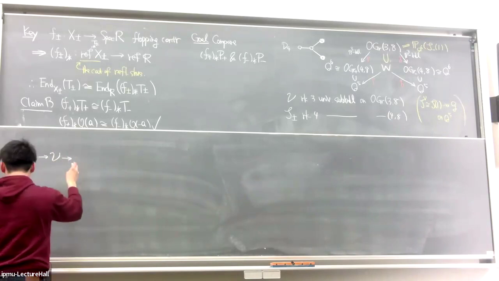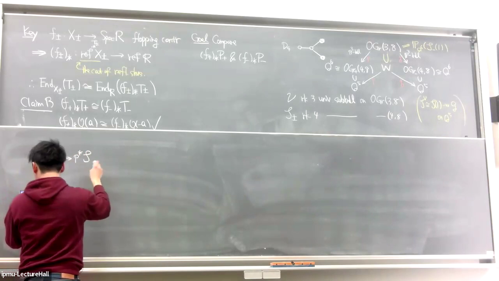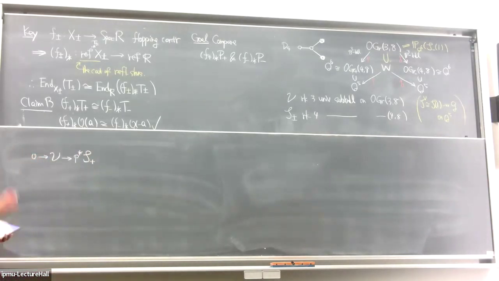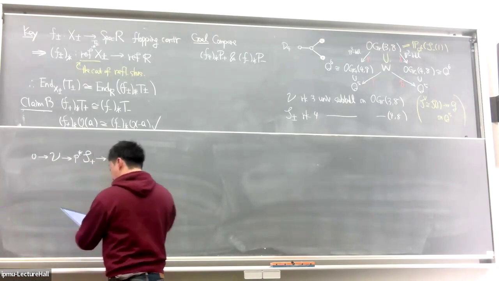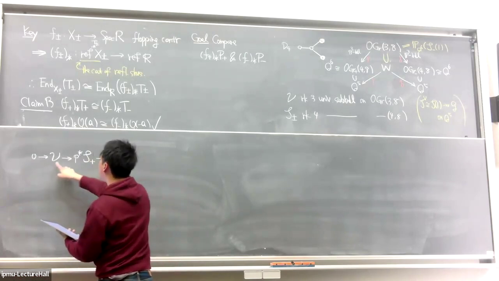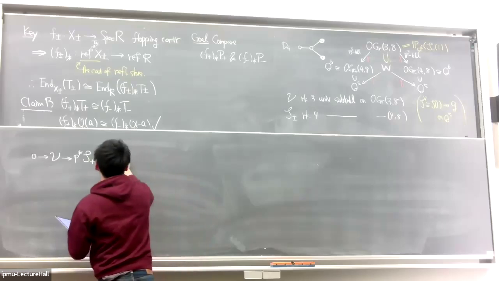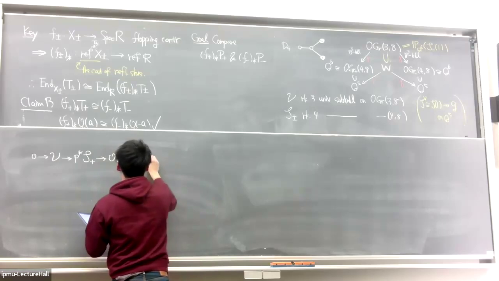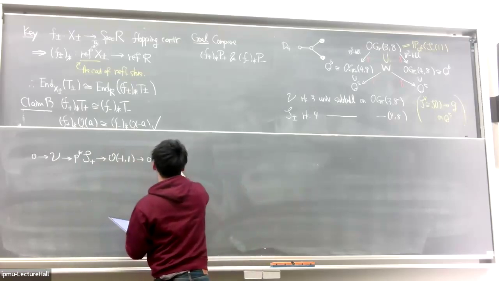Starting from P, we take the pullback of the spinor bundle, the tautological bundle on the Grassmannian 4A. This has rank 3 and this has rank 4. If you compute the first Chern class, you see the cokernel is O(minus 1, 1). And this is the tautological sequence.